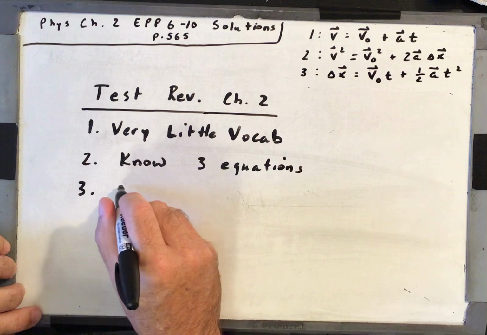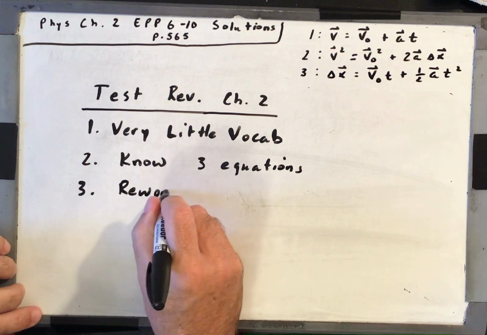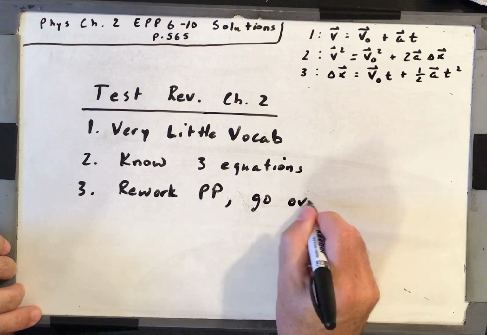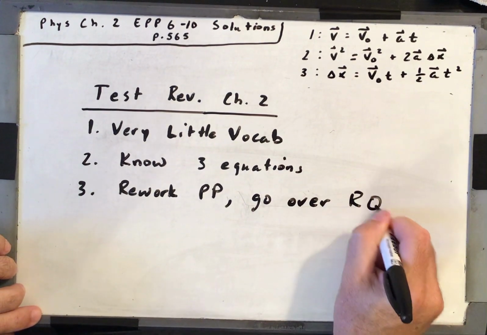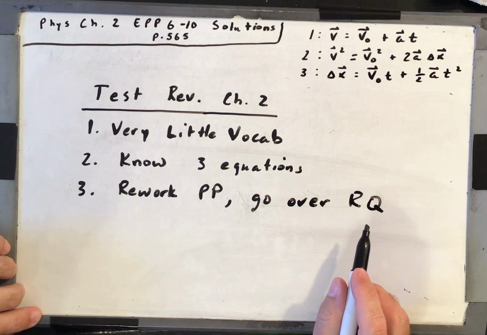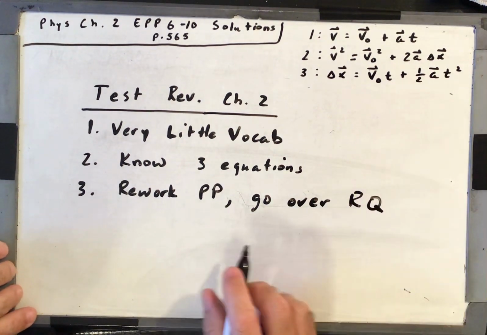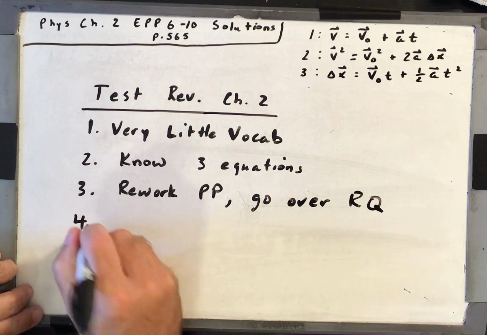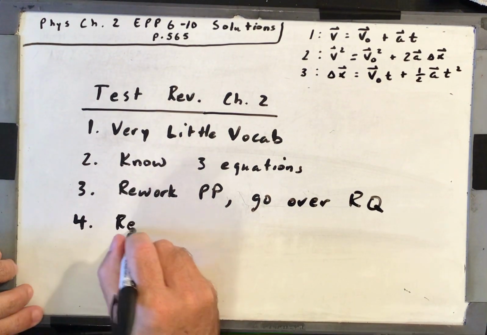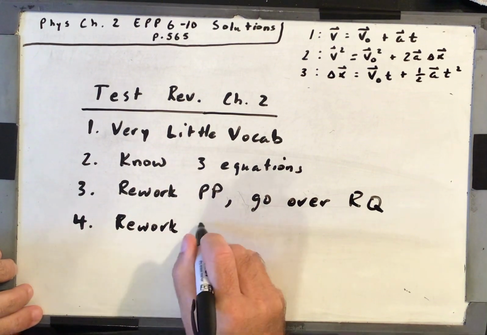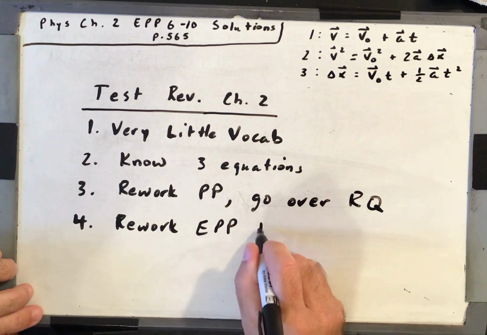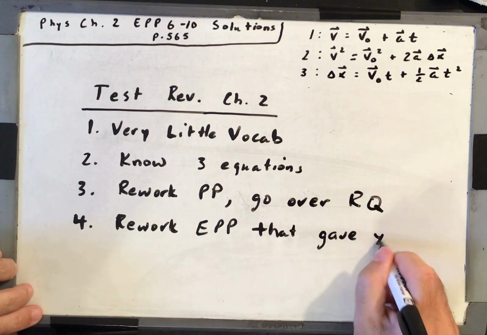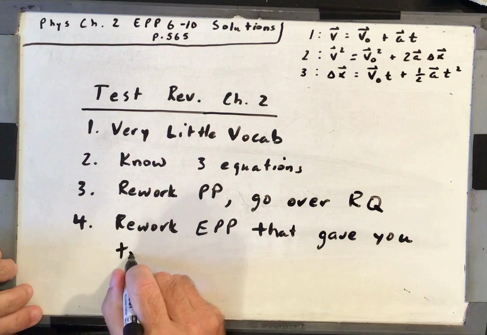What I would do is rework the practice problems and go over the review questions again, just in case. And if you have the time and you miss some of them, rework the extra practice problems that gave you trouble, if any.